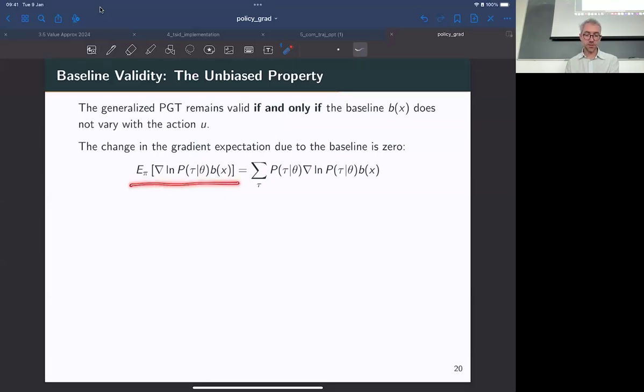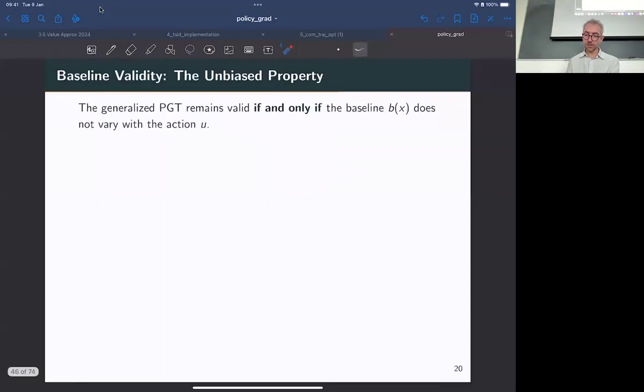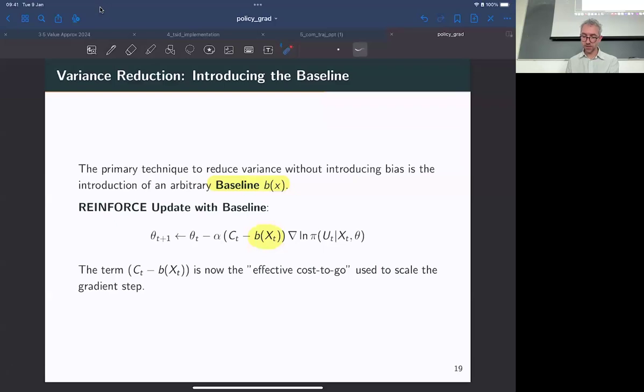So we have the expectation of the gradient of the log probability of the trajectory scaled by the baseline, because that's basically the extra term that we are adding in the policy gradient.